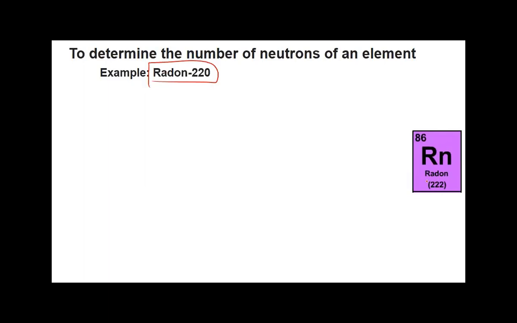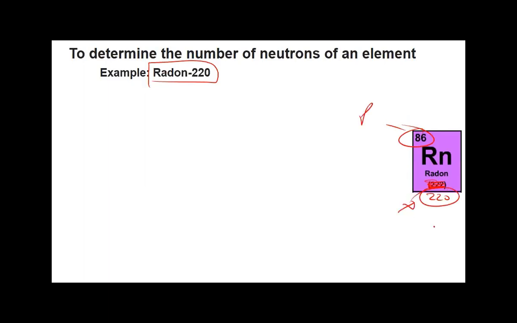Don't do this on your paper, but this is pretty much like saying this. See what I just did there? When I tell you radon-220, you no longer are going to look at the 222. We're looking specifically at one type of isotope of radon that has an atomic mass of 220, atomic weight of 220. So 86 come from protons.